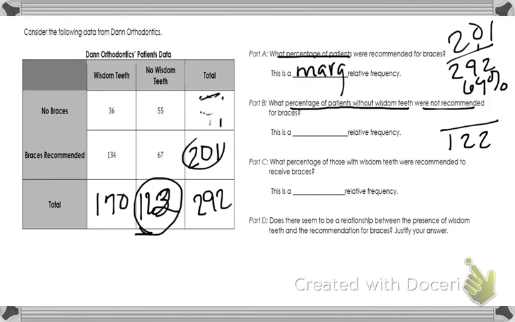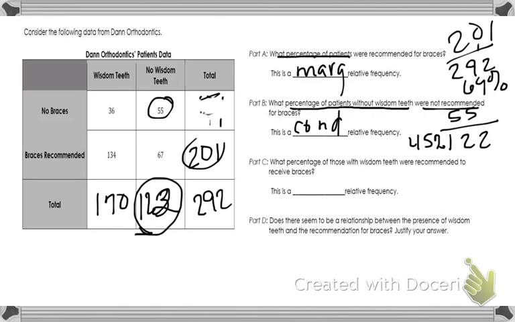No wisdom teeth, not recommended for braces. So that's 55 out of 122, which is 45%. This is a conditional relative frequency.